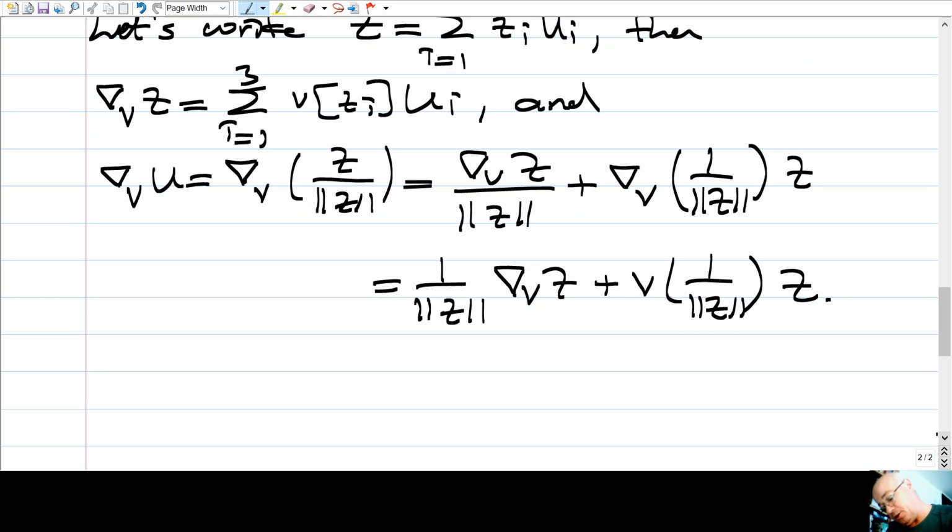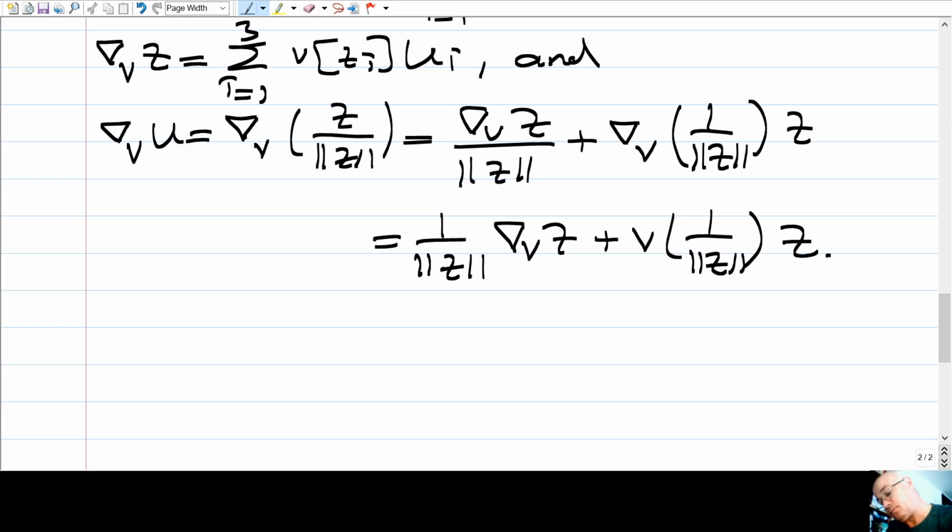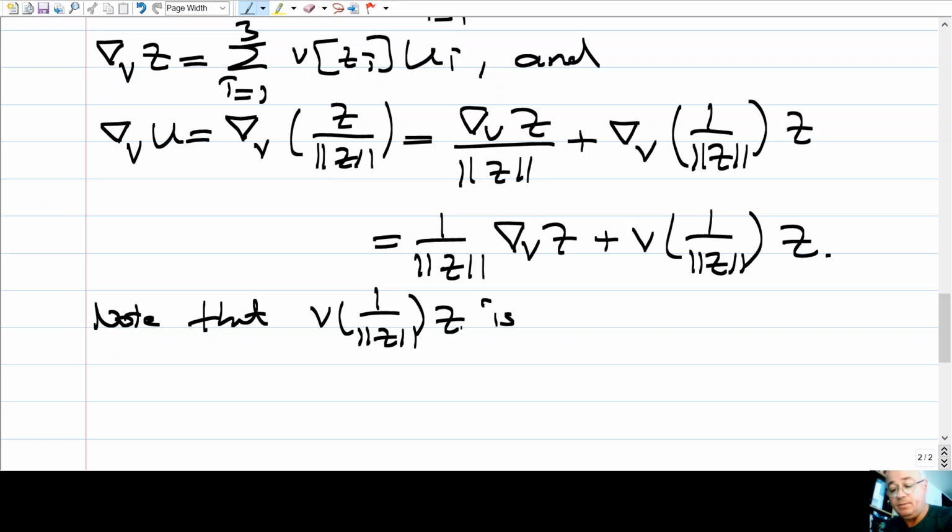Note that this part is normal to the surface, because Z is in the normal direction.